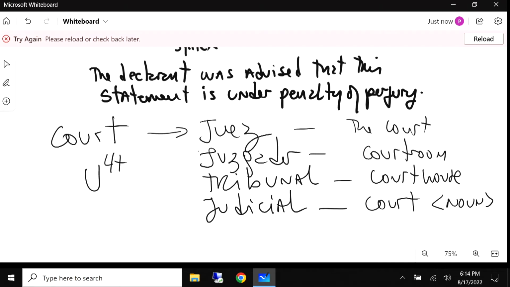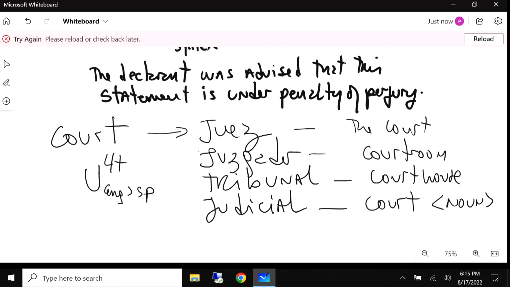So that's an example of what we call unstable terms. The number 4 determines that there are 4 possible translations of the term court into Spanish. So if you want to be fancy about this, you will say the instability for the term court is from English into Spanish.